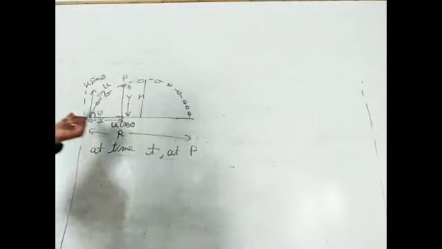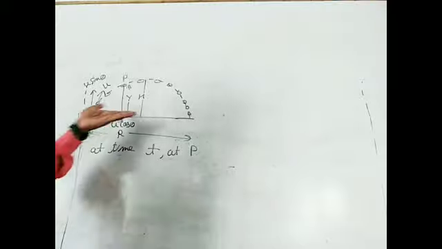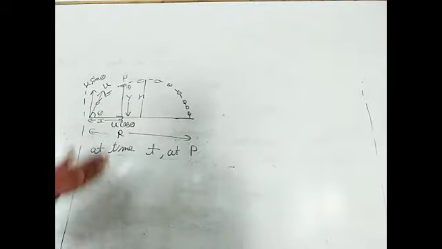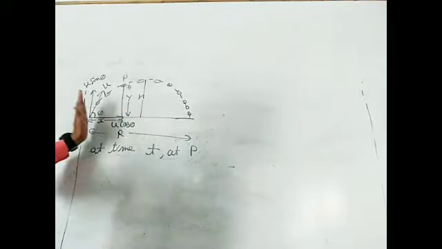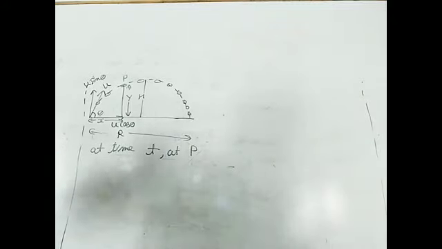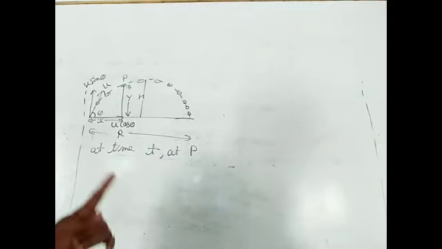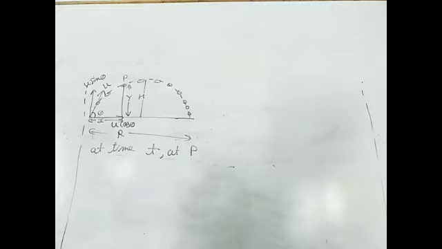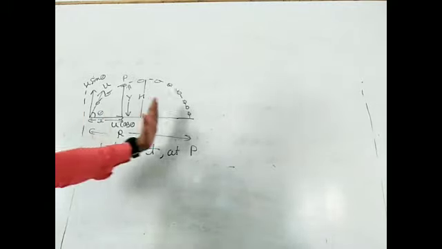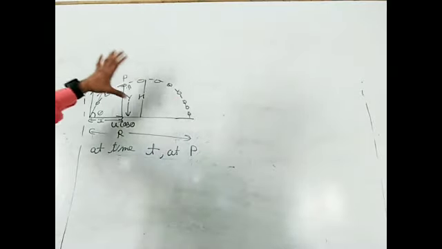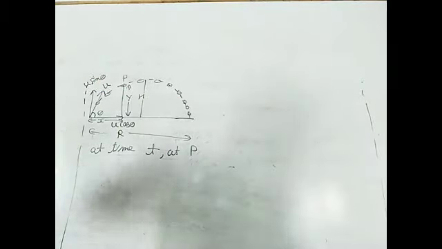The u cos theta is in the horizontal direction, so this is responsible for the horizontal distance covered, because you can see at the same time the motion of the object is in both directions. The object is covering horizontal distance and vertical distance also. Both distances are covered at the same time.